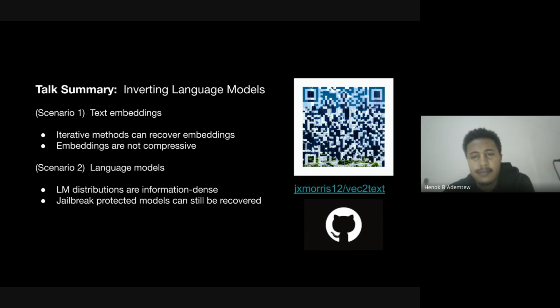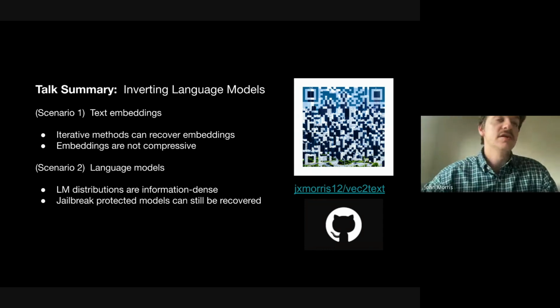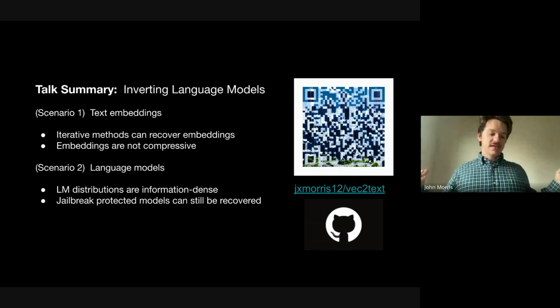Yeah. Oh yeah, I totally agree. The way that we look at this is it's one long vector and we don't even necessarily know which tokens correspond to which, which I think is fair if you're using the OpenAI model where you don't know which token is which. But I think you could definitely do better if you tell the inversion model which token corresponds to which probability. I see.